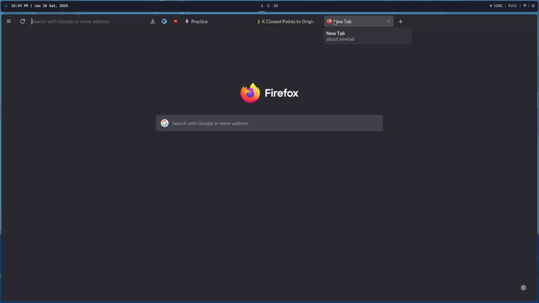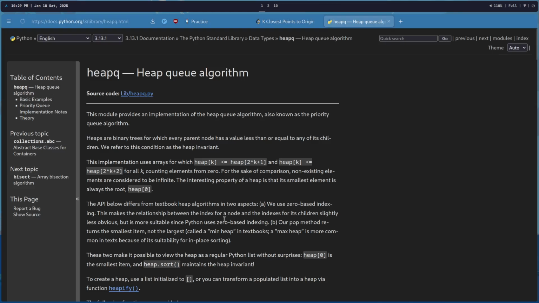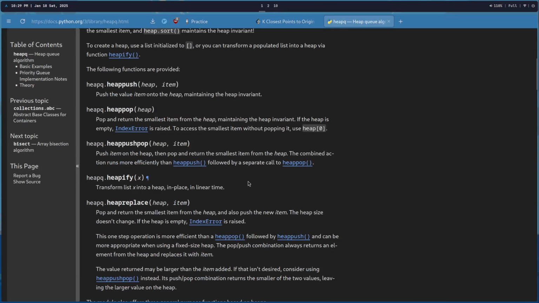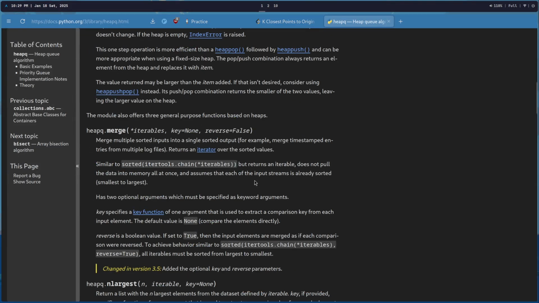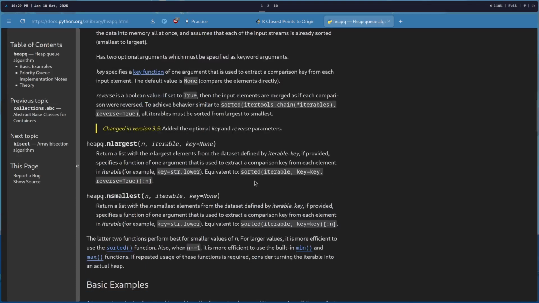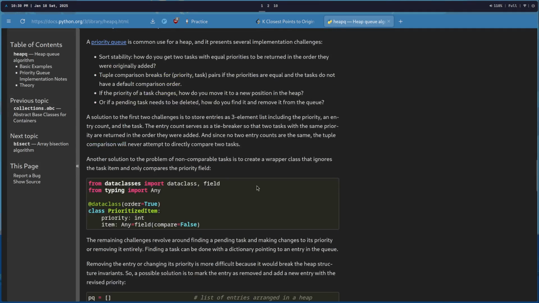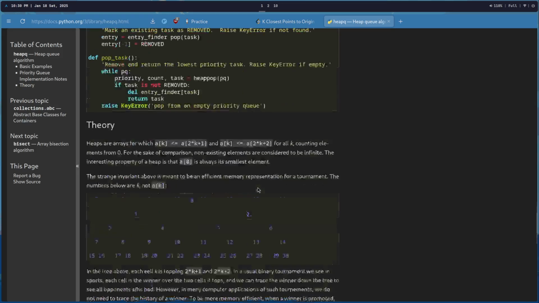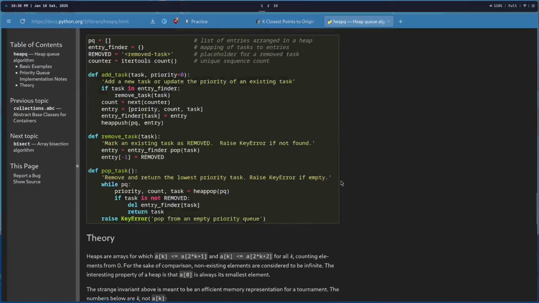I gotta read the docs for heapify. I need to see if we can store different data types. I'm not sure.